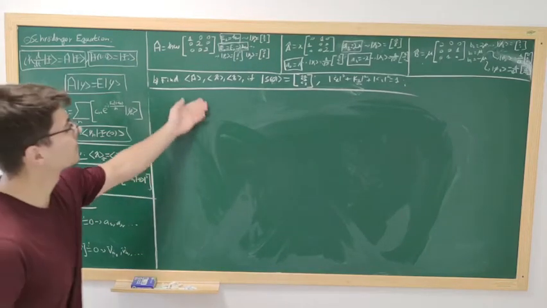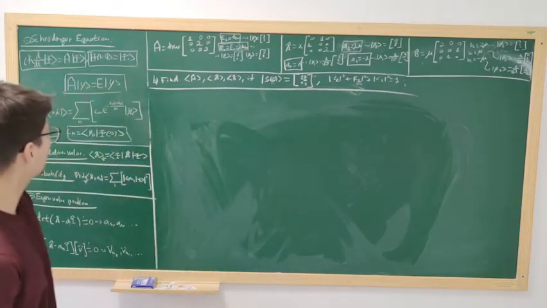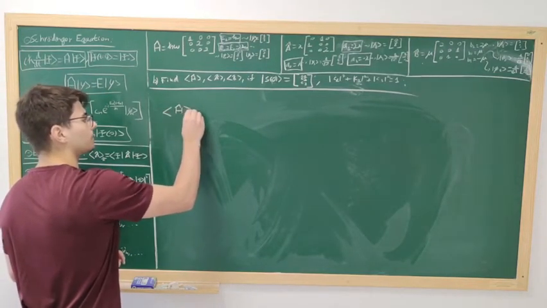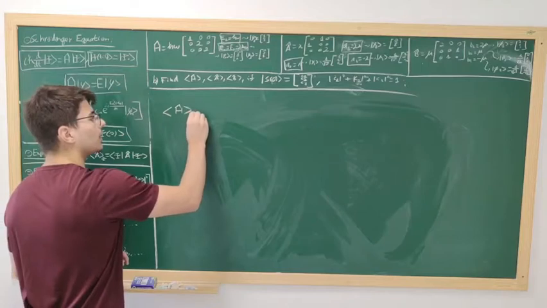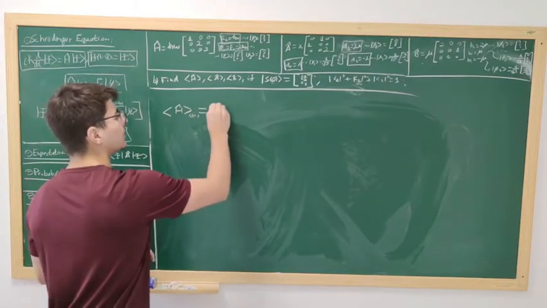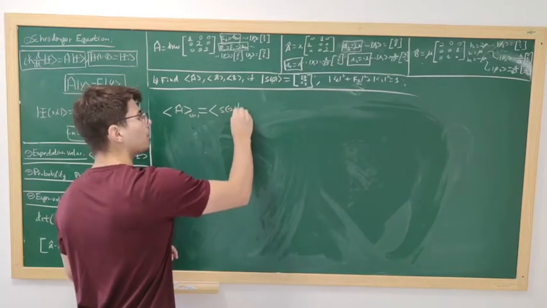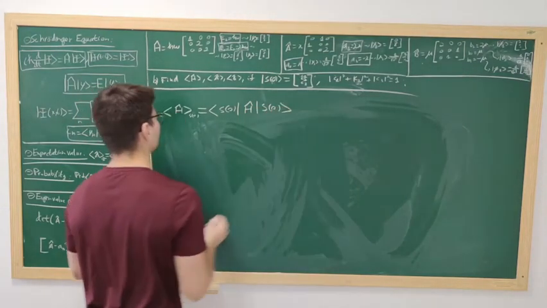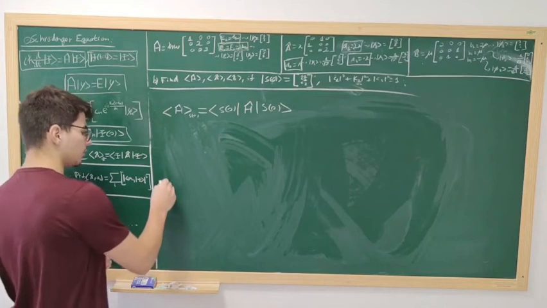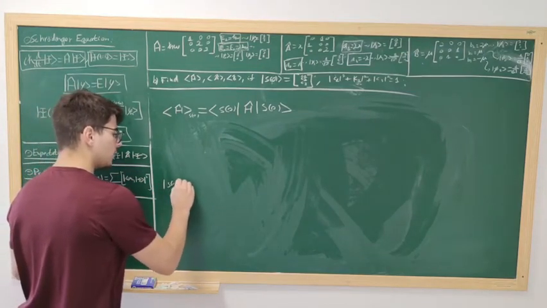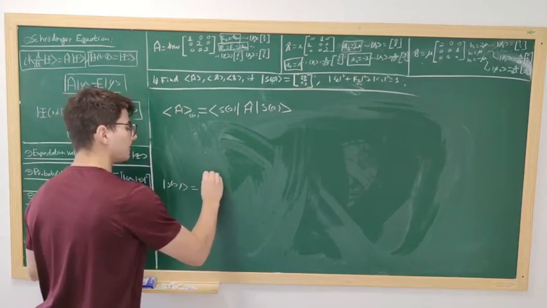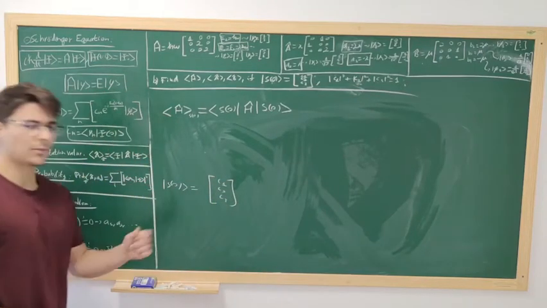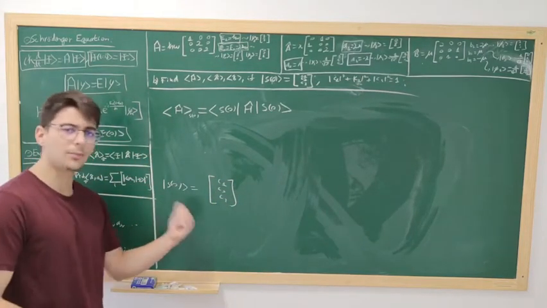In our case, instead of psi, we have S0. So, for example, the expectation value of H when we are in the state S0 is the sandwich of S0, H, S0. So we know that S0 is just C1, C2, and C3. But this is the ket. What is the bra?